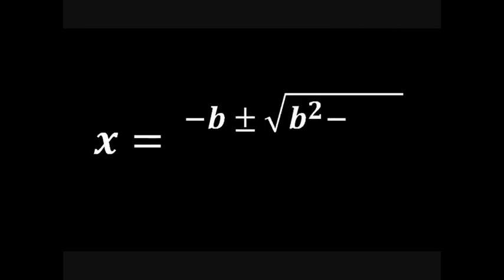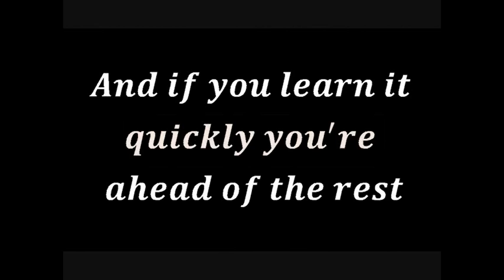It's the quadratic equation. And if you learn it quickly, you're ahead of the rest, 'cause it's on the test. Hey, Mr. Johnson, while you and all the random people that appeared out of nowhere were singing the song, I used the quadratic formula to solve my sandbox problem. See, Bobby, math is fun.